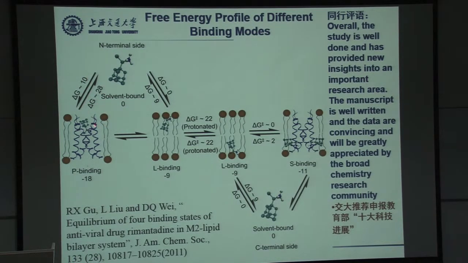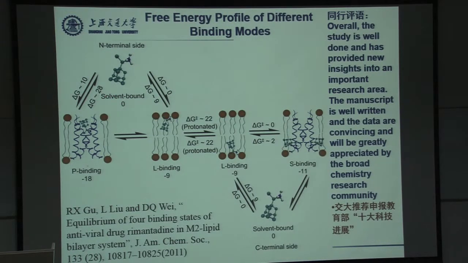So to go inside the protein it has to cross a barrier of 10, and if it goes from the solvent to this binding site, it doesn't cost anything. But the binding free energy is smaller, instead of 20, this is about 11.